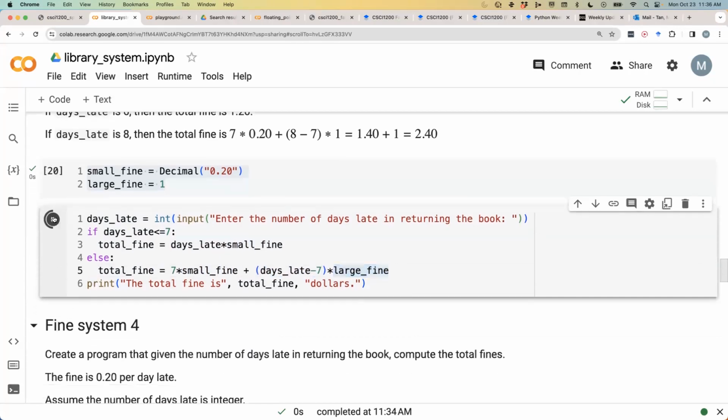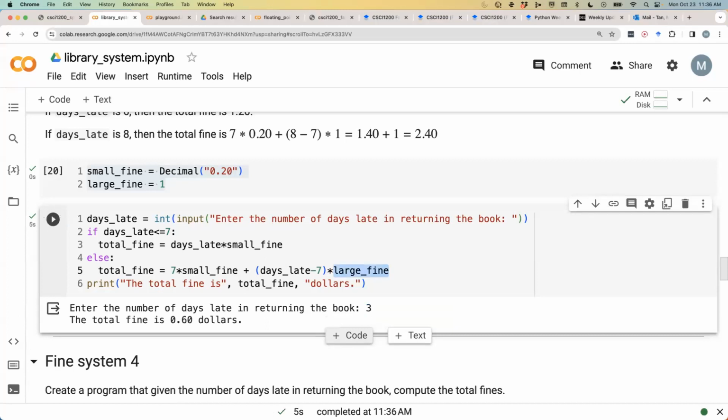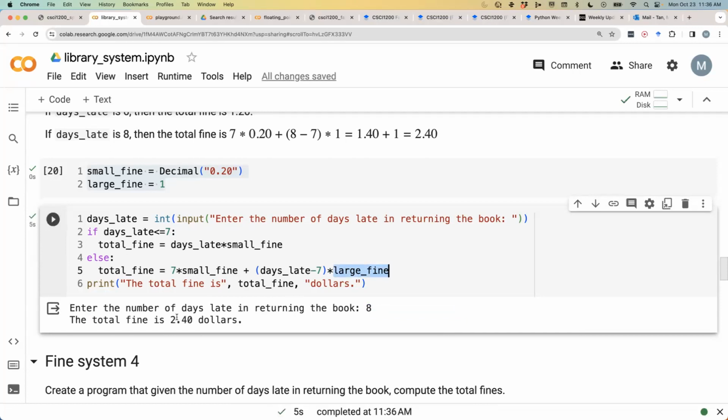Let's try, for example, enter the number of days late in returning the book. Say if it's 3 days, it's 60 cents. $0.6 means 60 cents. So it's the same as before, good. But if you say it's late by 8 days, it will be $2.4, or equivalently $2.40.